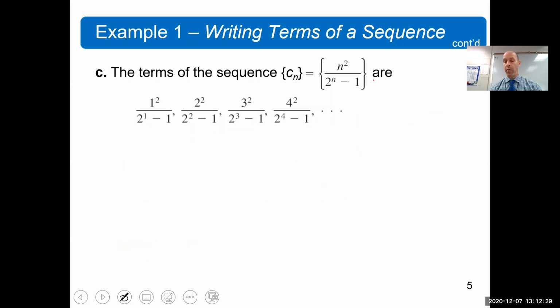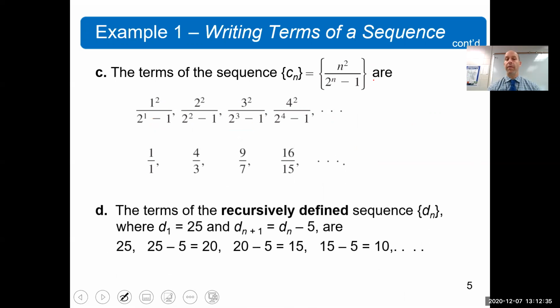Here's another example. I'll let you look at the third one on your own, but this fourth example is different. I'm going to give the definition recursively. Recursively means that we are going to give you a rule for finding the next term in the sequence. First of all, we typically have to give you at least the first term. In this case, d sub 1 is equal to 25. In other words, the first term of this sequence is 25. And then this is the rule.